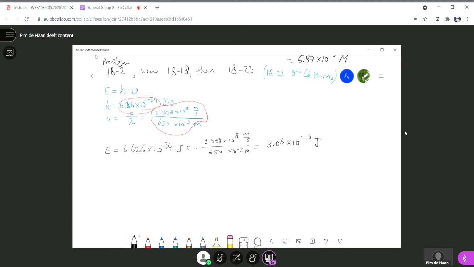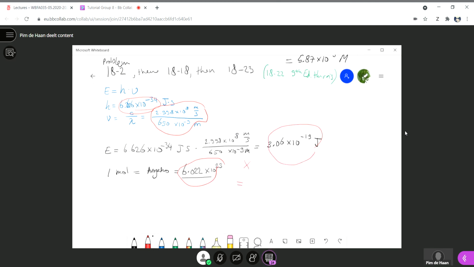But now we need 1 mole, and 1 mole equals, and then we need Avogadro's number, and that is 6.022 times 10 to the 23, I think. Yes. So this is a number, right? So we multiply this one and this one.